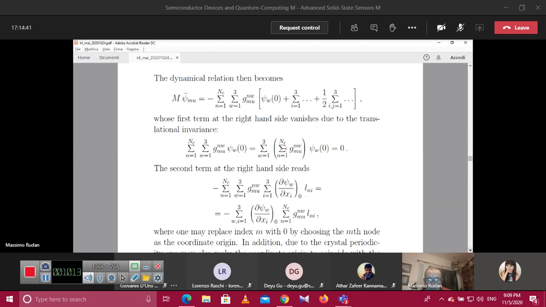We easily calculated this property using the monatomic linear chain because it was so easy, because we just had three coefficients, okay? The central one and the two lateral ones, okay? Here, we simply replicate the reasoning.